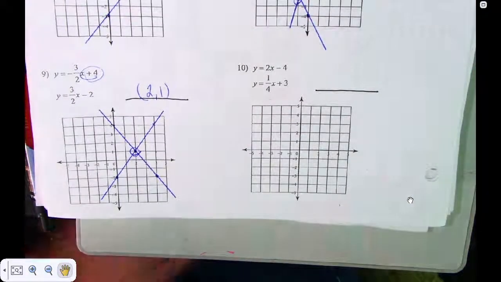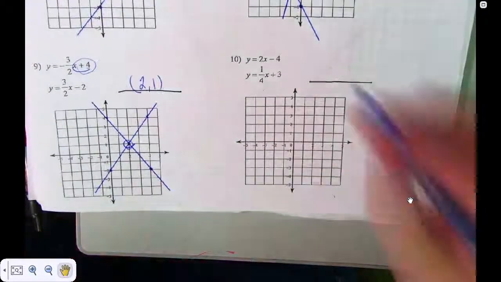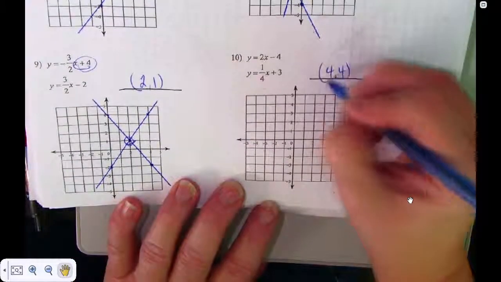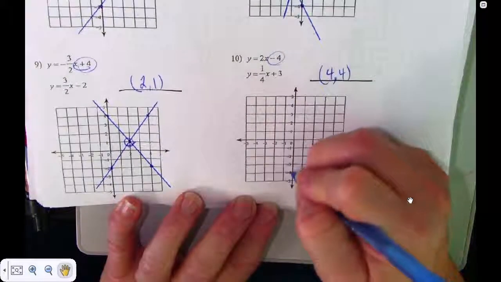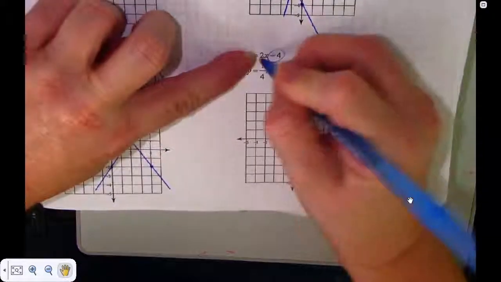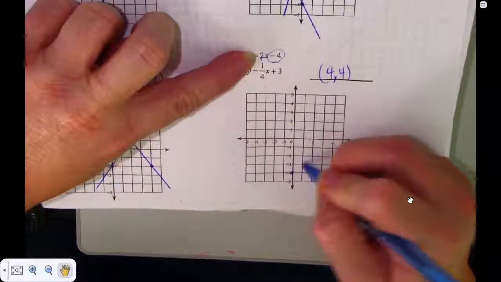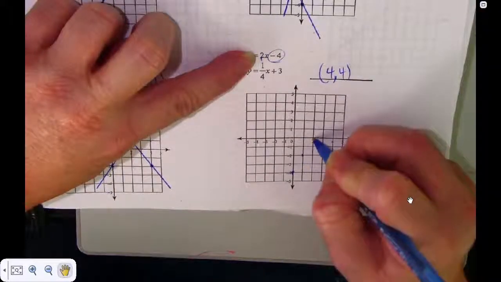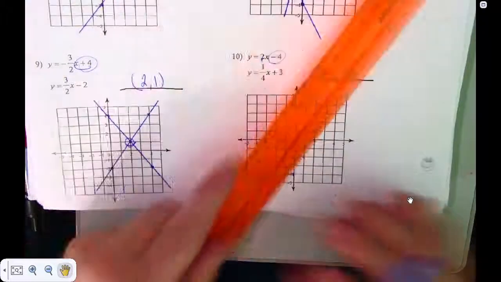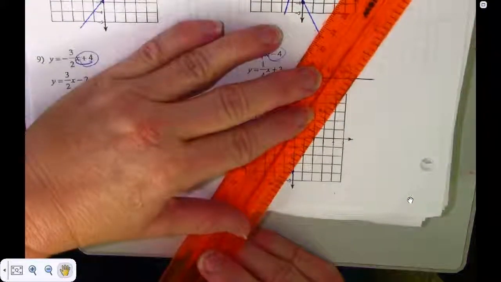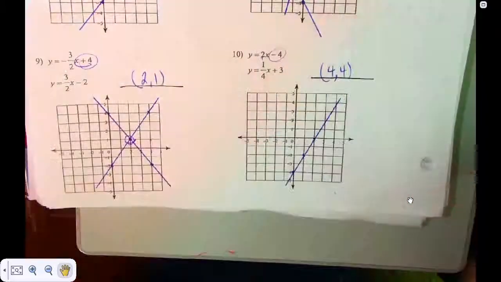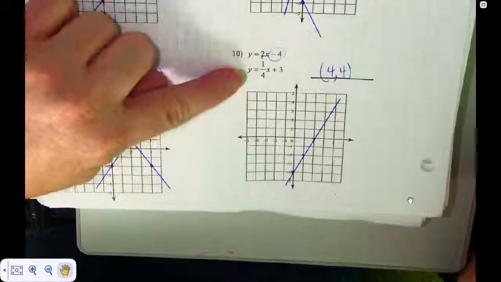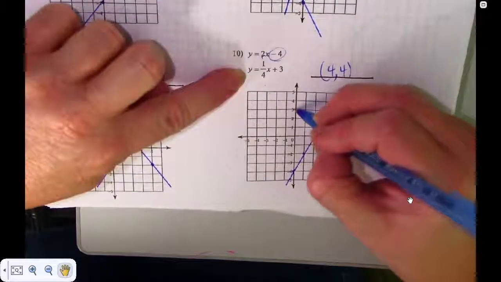Okay, number 10. 4, 4. Good. So that's going to be negative 4. I've got to put 2 over 1. Run 1, up 2. That's going to be plus 3.